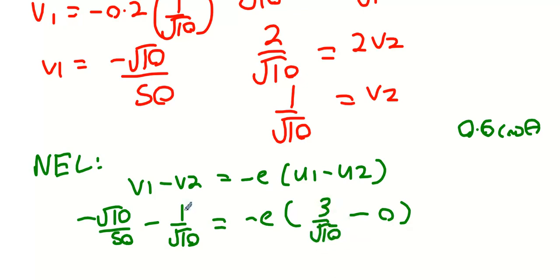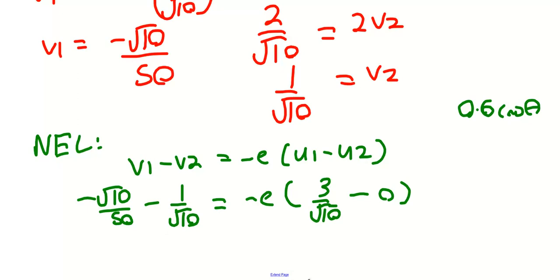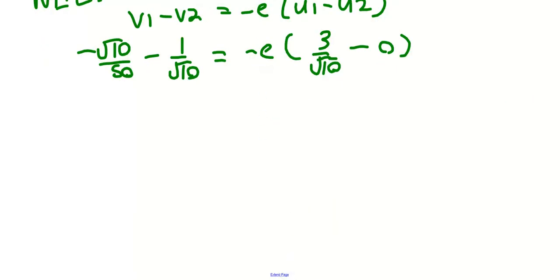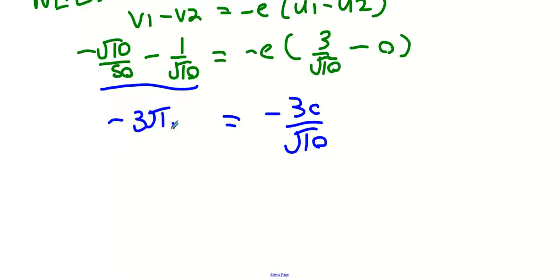You happy with that? Okay, this is going to be interesting. Can somebody put the two of them together in the calculator? Let me know what you get. Minus 3 root 10 over 25. Okay. Cancel the minus 3's on both sides.